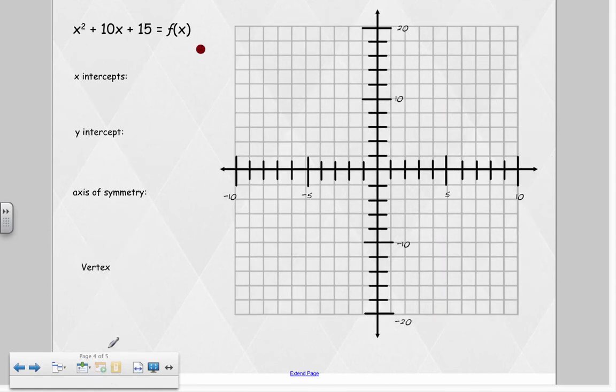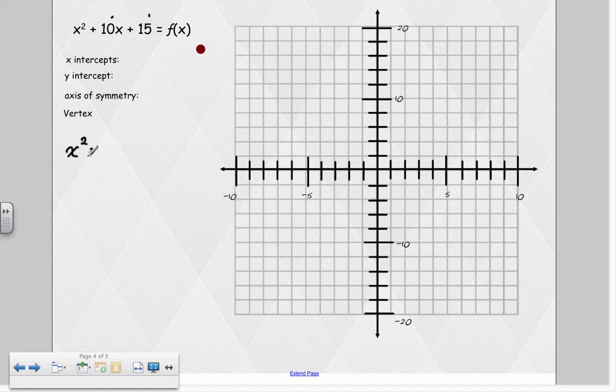All right, last one real quick. Can we factor this? No, we can't factor this. We can't think of two numbers that multiply together to 15 that add up to 10. So we have to do completing the square. And hopefully by now you can complete the square really quickly. Move the constant over to the closet, hold it for a minute, take half of 10, which is 5, square it, which is 25.